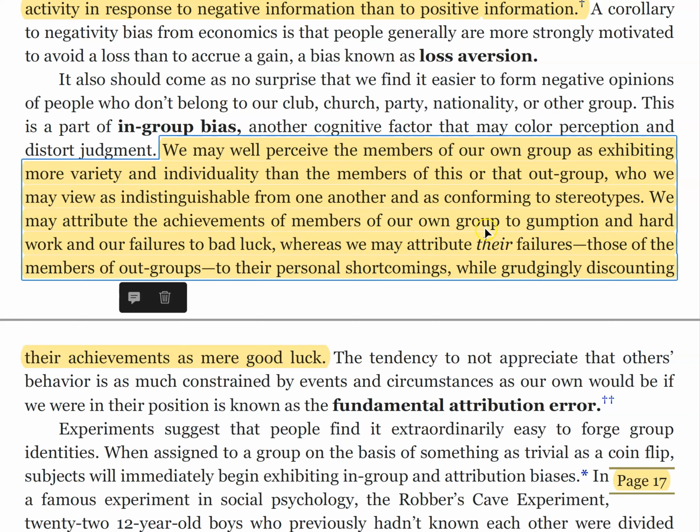Members of our own group, you know, they got where they got from hard work and gumption, some moxie, right? Whereas if it happened to some other group in another country, maybe another nation, we would say, well, that was just good luck.